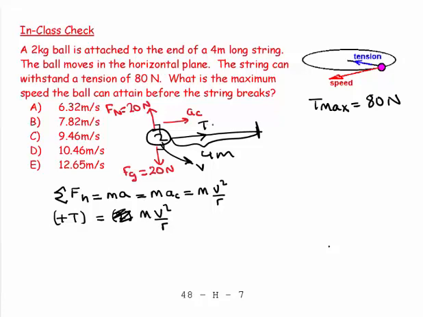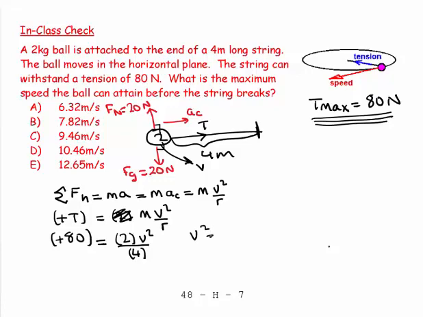Now what do I know? I know that for the condition being considered, the maximum speed, I have the maximum acceleration, I have the maximum tension. So I say the maximum that this tension can be is 80, plus 80, points to the right, and this equals the mass, which is 2, times v squared, which is what I want, over the radius, which is 4.